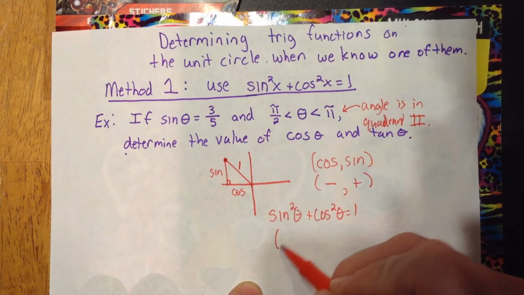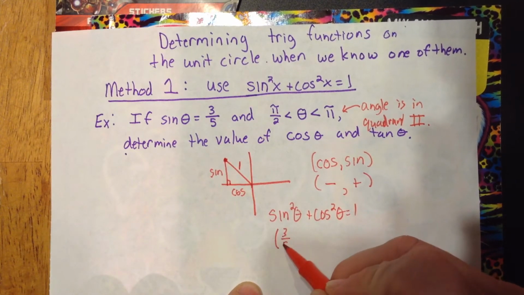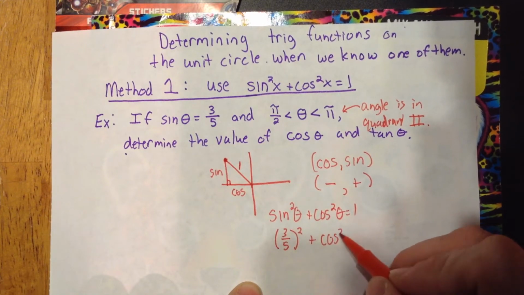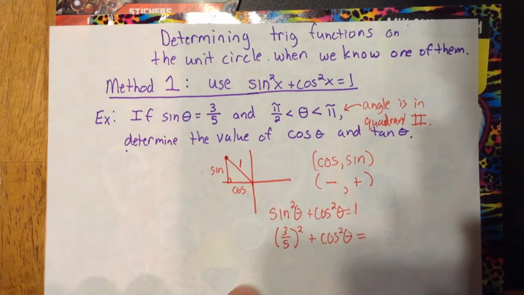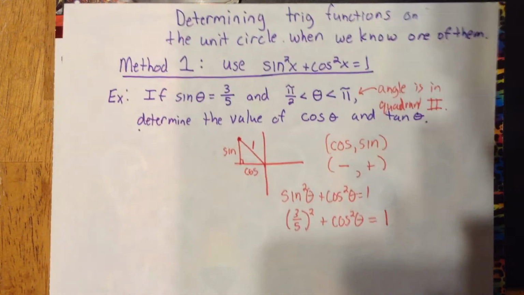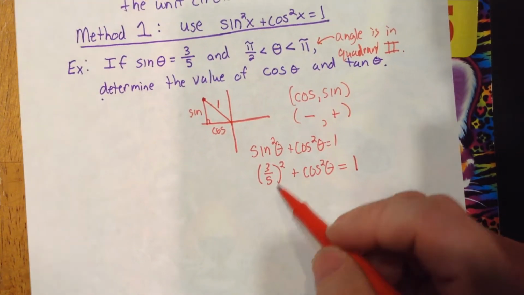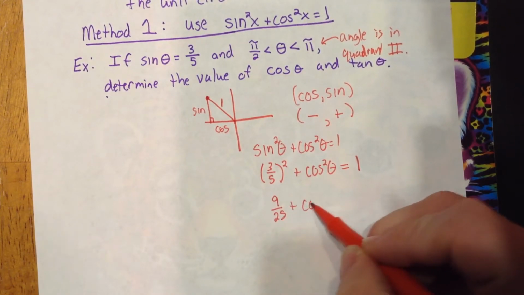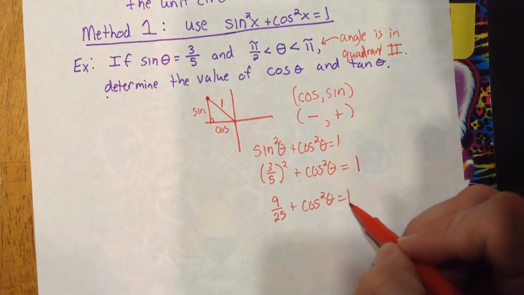We know that the sine is 3/5, so we're going to square that. We don't know what cosine squared theta is, and we're not going to find that out yet. And we're going to get 1. We're just going to do the math we know how to do. We square that and get 9 over 25 plus cosine squared theta equals 1.